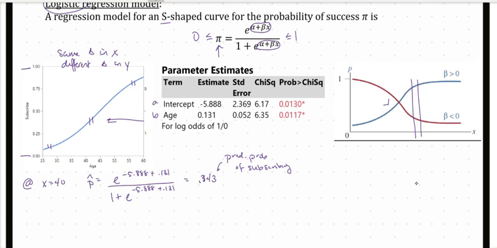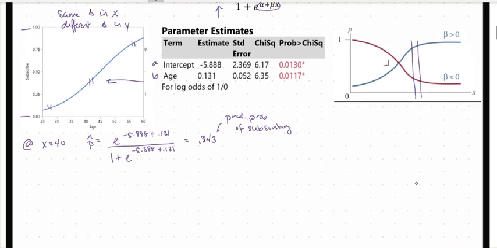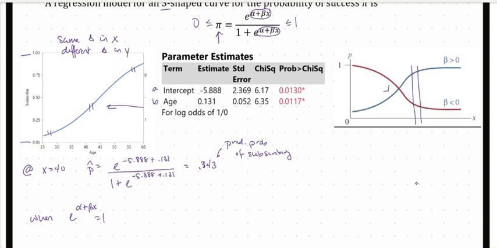So what are some cool properties of logistic regression? This is going to get a little mathy for a second, but bear with me. In the population, when e to the alpha plus beta x equals 1, what does that do to this whole thing? Well, if e to the alpha plus beta x equals 1, then I've got these two terms equal to each other.